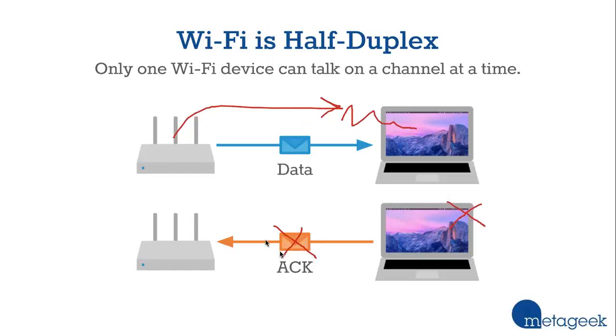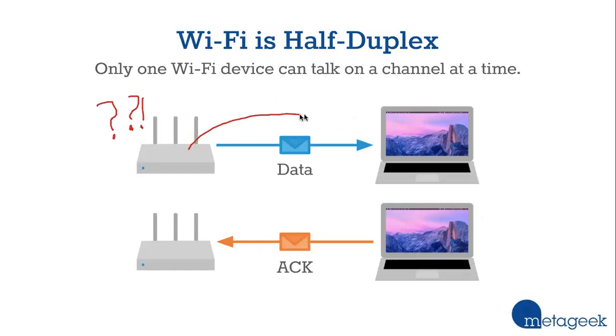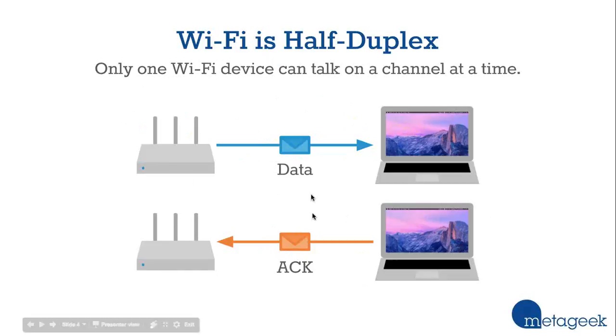And what happens next is that access point is going to start wondering, okay, I never heard the acknowledgement from the laptop, so the laptop must not have received the data. So then the access point is going to transmit that data again. It's going to keep retransmitting that data until finally the data makes it through to the laptop, and the laptop can go, yep, I understood that data, and it can reply with an acknowledgement. So Wi-Fi is this constant process of sending data and receiving an acknowledgement. The big thing to remember is that on any given channel at any given time, only one device can talk.